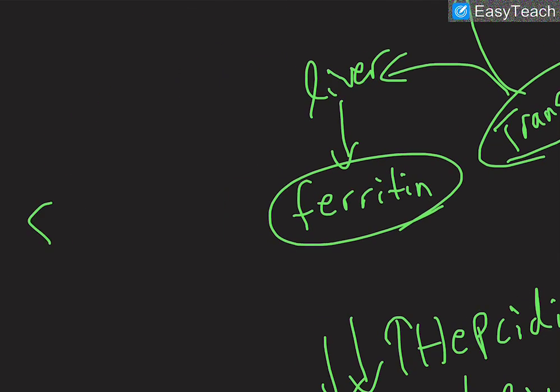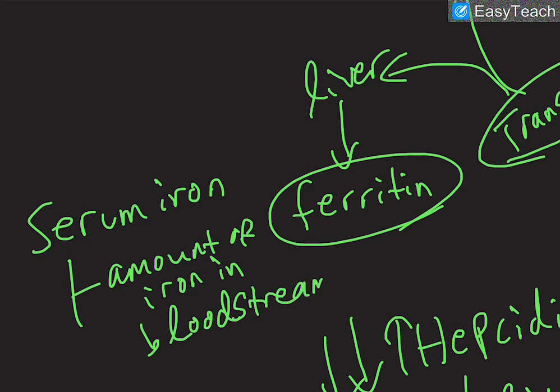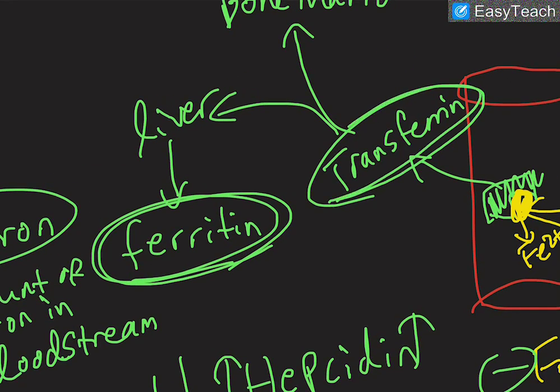So we should write that down. Serum iron is the amount of iron in your bloodstream. That's what serum iron is. Now serum iron, ferritin, and transferrin are all things we're familiar with.